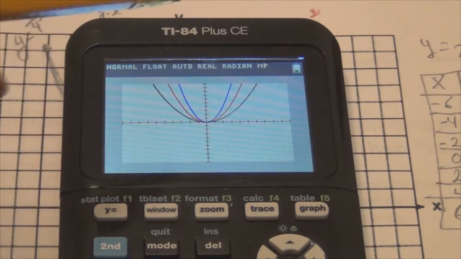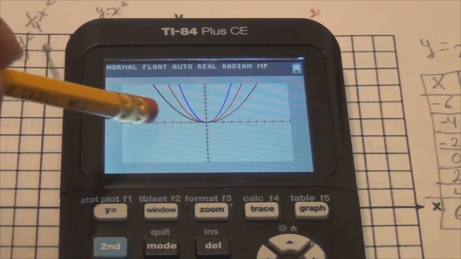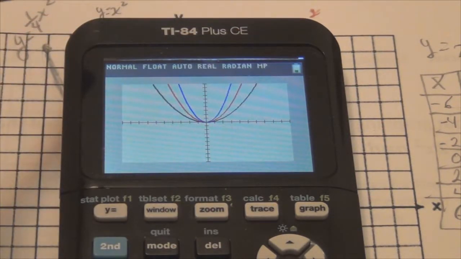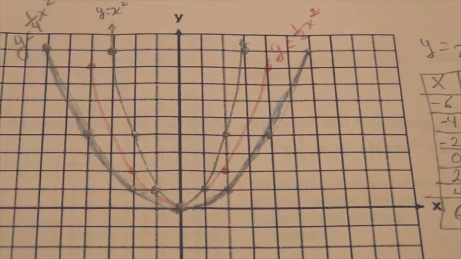If the coefficient was like 0.1, then it will be something like this. The parabola will get wider. Got it? Cool. Let us move on with the next one.